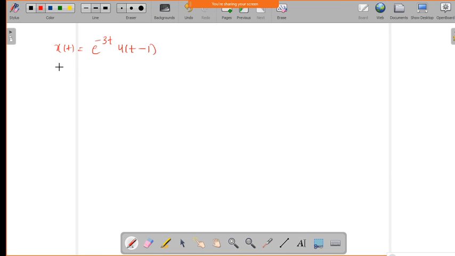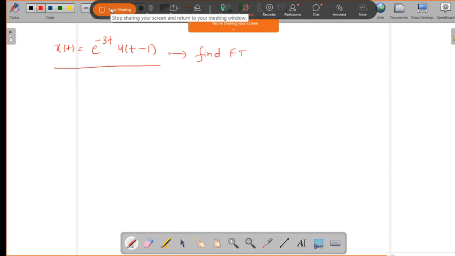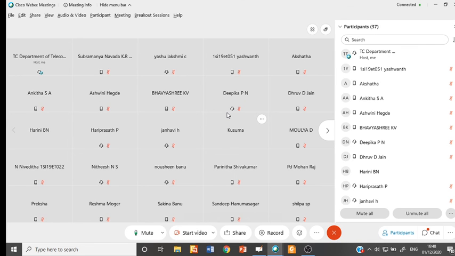Take this one and try to find out the Fourier transform. Take this problem and try to find out the answer. Tell me the answer in the next class. So we'll stop here.